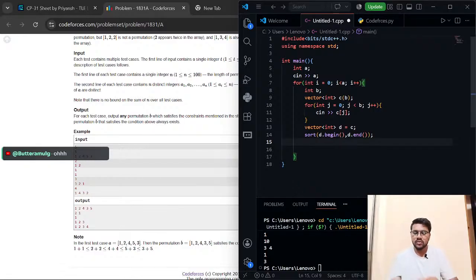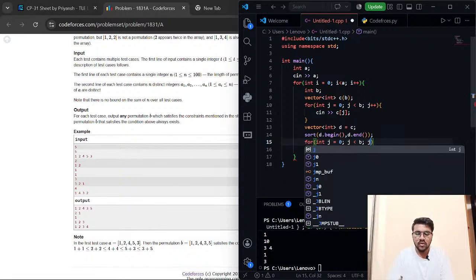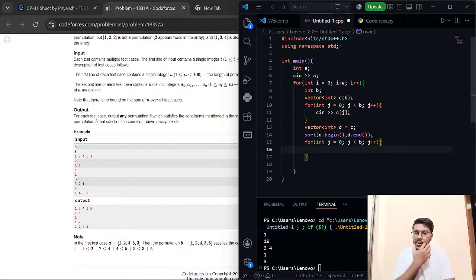What we'll do now is, array, I'm forgetting. I'll just add c index 0 to c index 1.